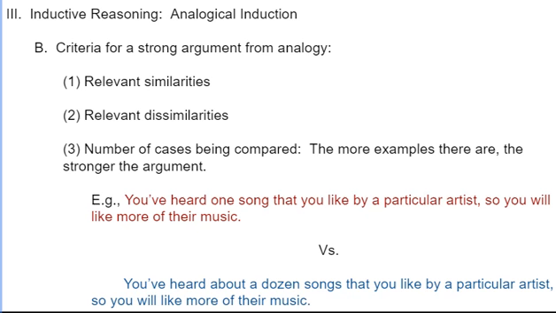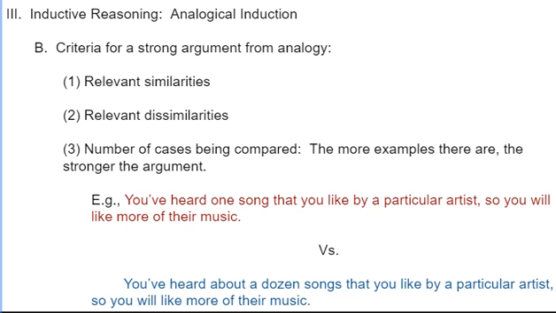You have a much stronger case to make that claim when you've actually heard lots of songs that all have those relevant features, those relevant similarities that you like. If you're already familiar with a band's catalog, it makes a lot more sense. You have a better ability to predict whether or not you will like their other output. That's all that really means.